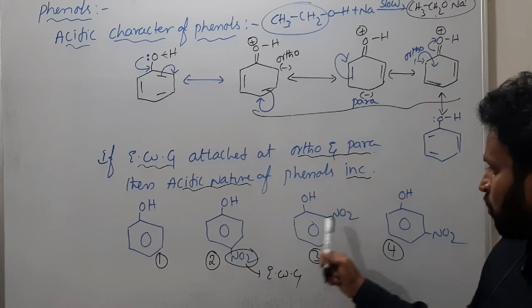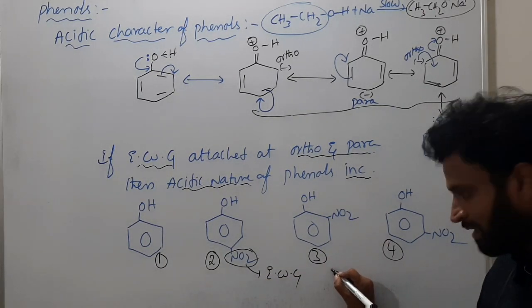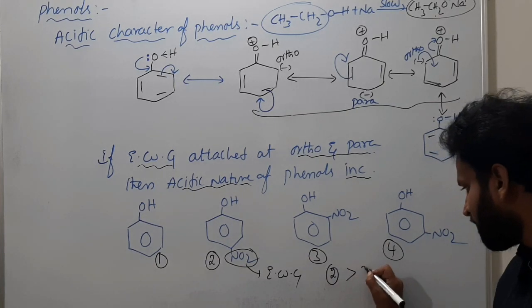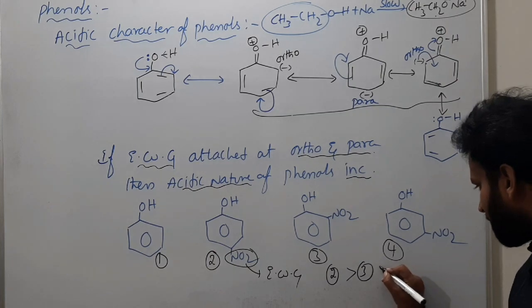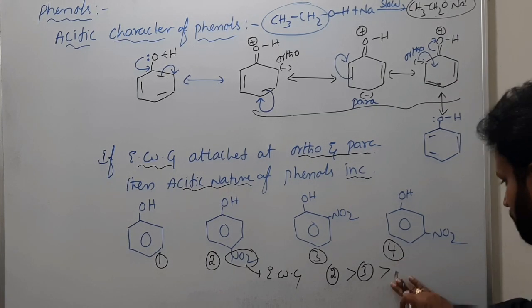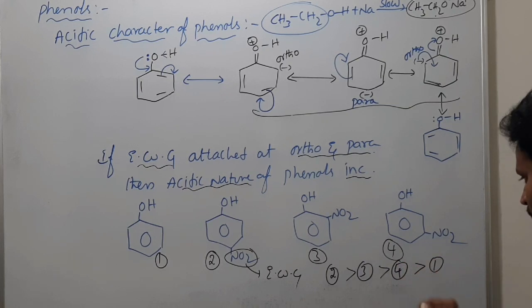So ortho NO2, para NO2. Second one is more acidic than the third one, of course with only a small difference. And next is 4 and least is 1.